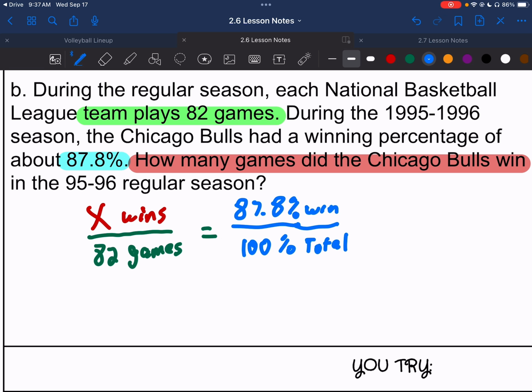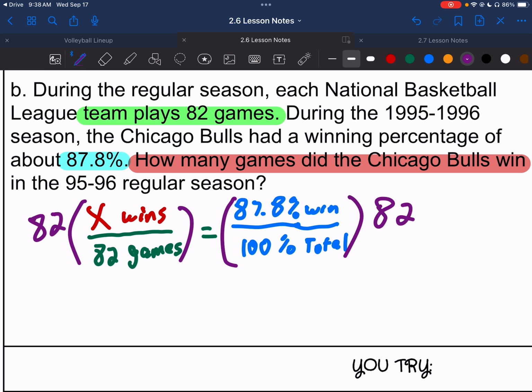They won 87.8% of the games. So this percent proportion, what do we need to do to solve it? We're going to multiply both sides of our equation by 82. We're multiplying our number of games by our winning percentage, and we get X is equal to 82 times 87.8 divided by 100.